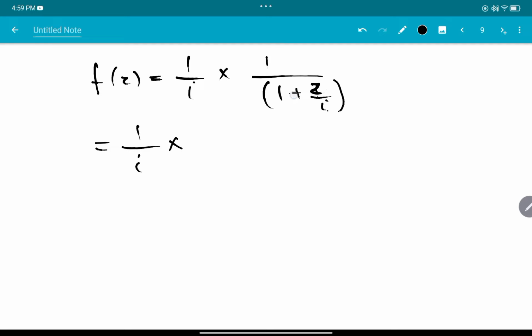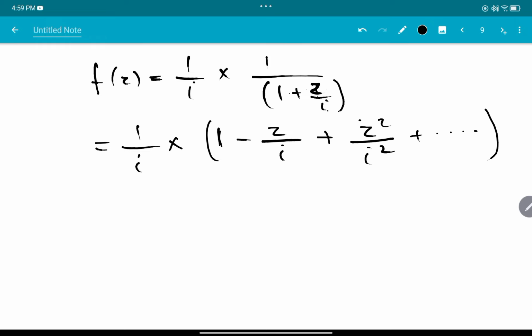So expand it now: 1 plus x, but since x is minus z by i, then plus the square of this, minus z by i squared, that is z squared divided by i squared, and so on. You can simplify and the other things I leave to you.